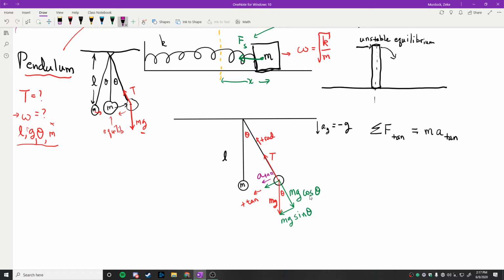So, how many forces do we have acting in the tangential direction? There's just this one here. So we say mg sine theta is going to be equal to the mass of the object times the tangential acceleration. But we know something about how the tangential acceleration is related to the angular acceleration.